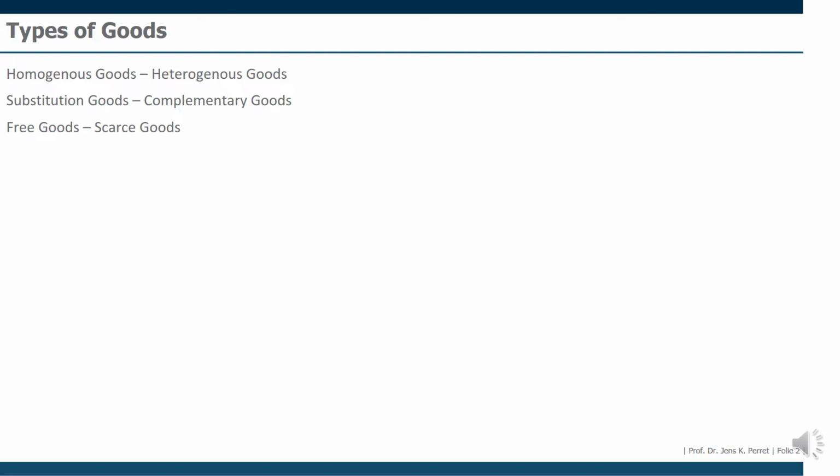Then the third pair is also something more practical as compared to more theoretical, because with free goods we assume that there's no upper bound to how much of this good is available. And that's actually not really feasible in reality, because every good has an upper bound on its availability.